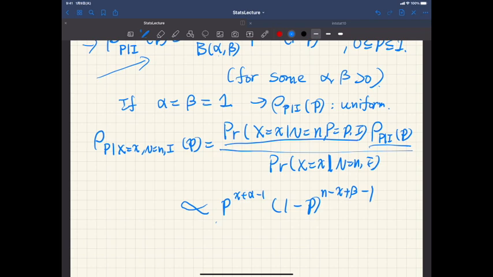If you normalize this, it will be a beta distribution with parameters x plus alpha and n minus x plus beta.